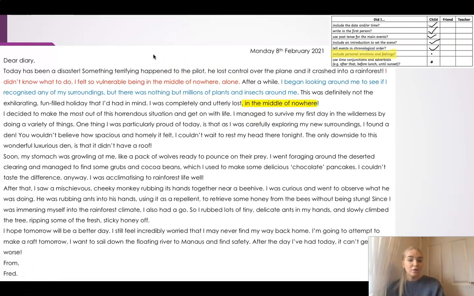So what we could do is we could change that bit, in the middle of nowhere, and we could add something that we feel. So I was completely and utterly lost. I felt so helpless. So there we've got another feeling, and automatically in my introduction I've not only changed my sentence around, which I've changed in blue, but I've also added two extra personal emotions and feelings.